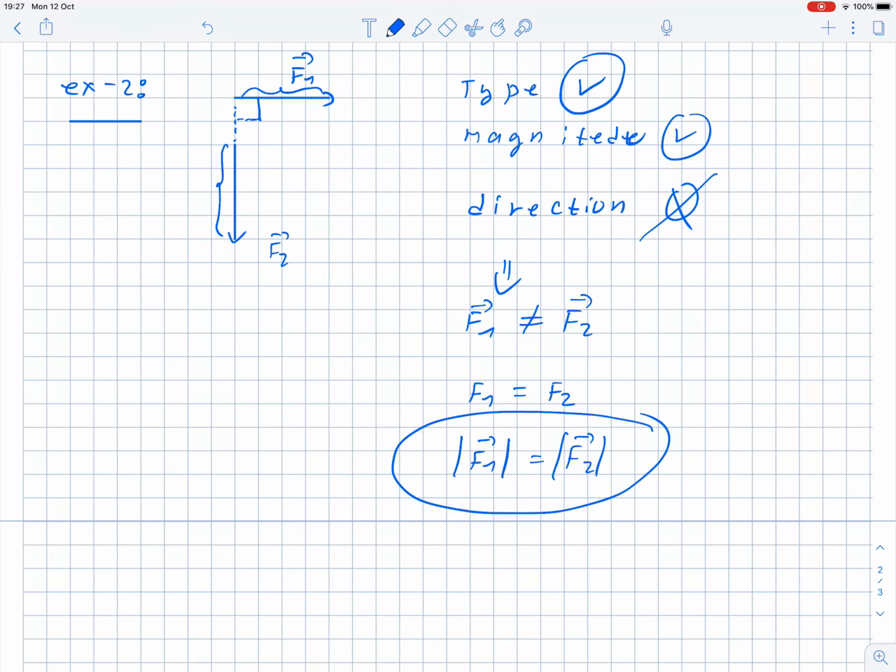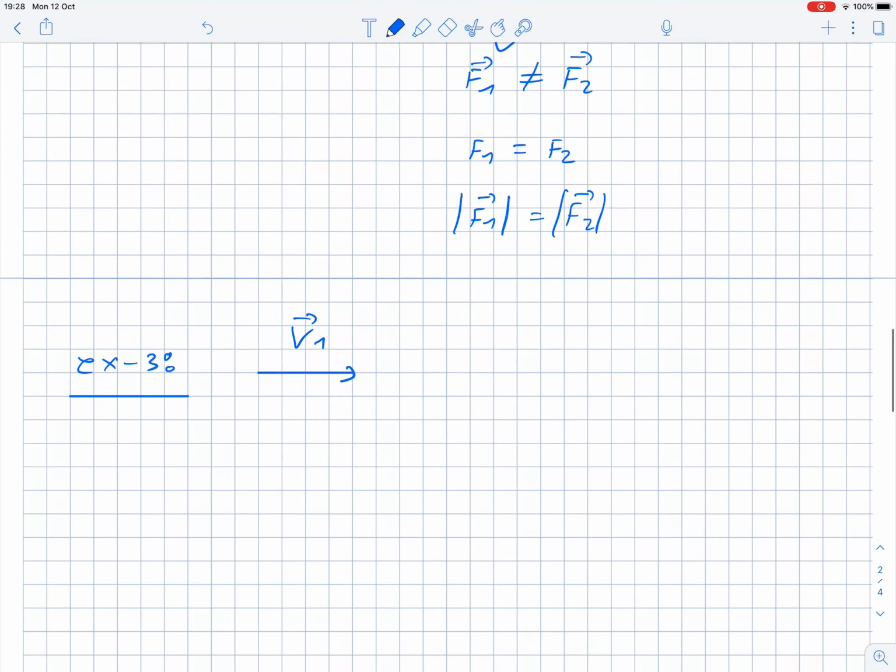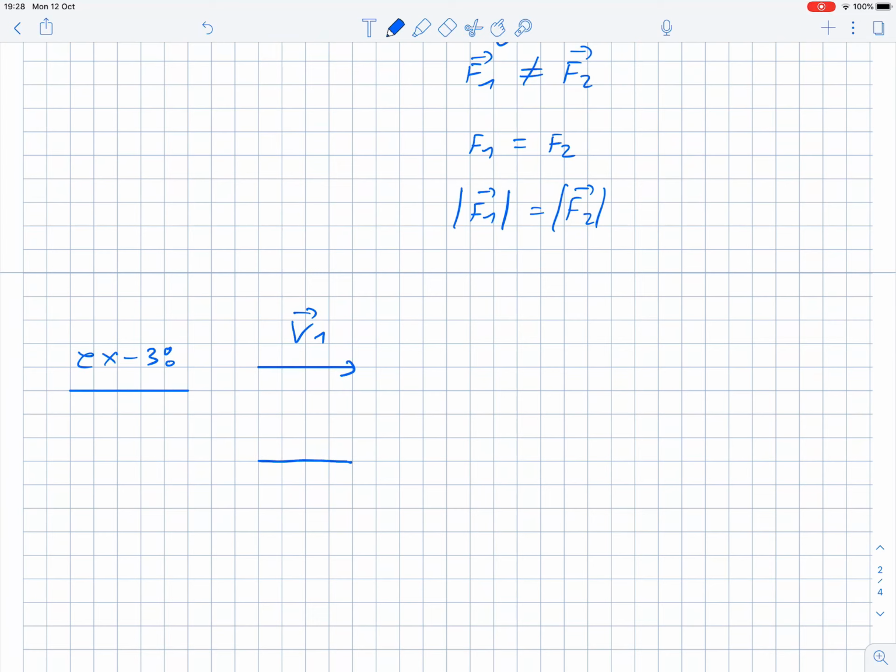Let's give another example. We have a vector which will represent velocity, v1, and we have a second vector, force, f1. As you can see, the direction is the same.